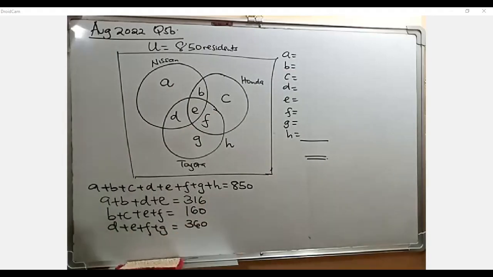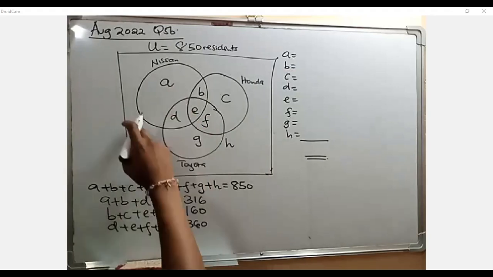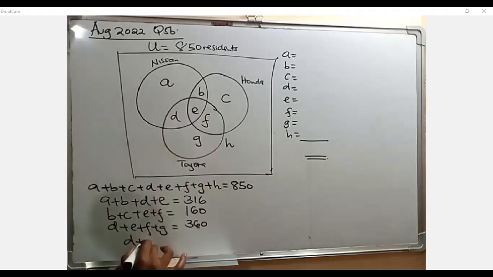We are also told that 120 residents own both Nissan and Toyota vehicles. When we discuss "and", it means intersection, what they are sharing. Nissan and Toyota are sharing D plus E, which is equivalent to 120.